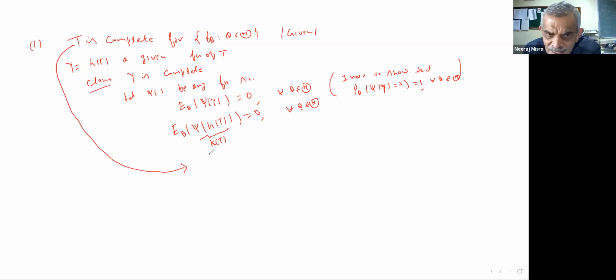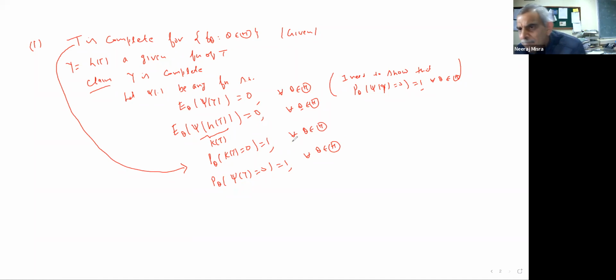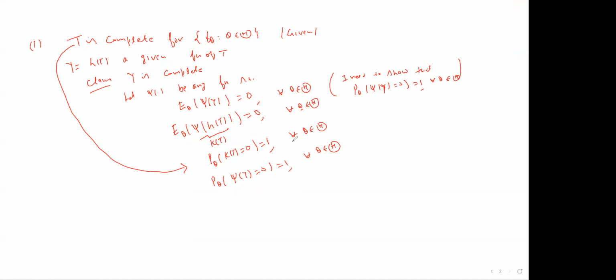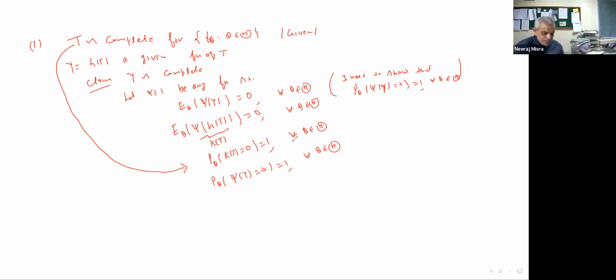What does that mean? That would mean that probability that KT is equal to 0 is 1 for every theta belonging to theta. Which is probability that, what is the KT? Psi of HT. Psi of HT is nothing but psi of Y. And I am done. Is that okay? Yes, sir. Okay. Any other doubt anybody has?